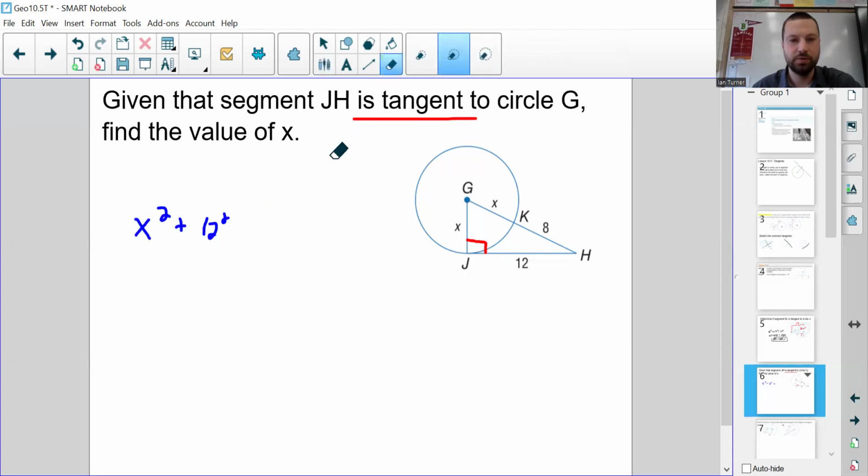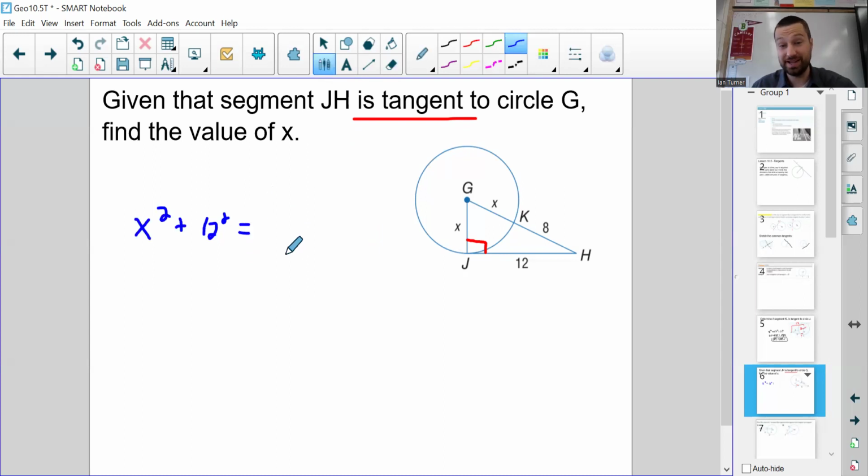What do you got, Josh? X plus 8 squared? Yes, sir. And x plus 8 squared is just x squared plus 64. Is that right? No, it is incorrect. Foil it, kids. I'm going to teach you one thing. It's going to be to foil.